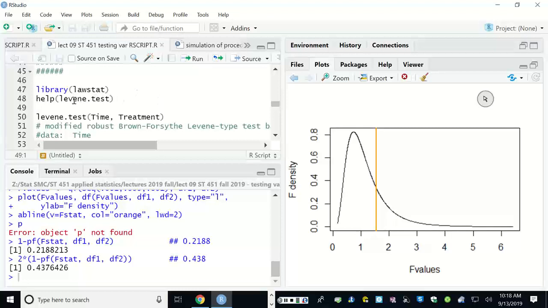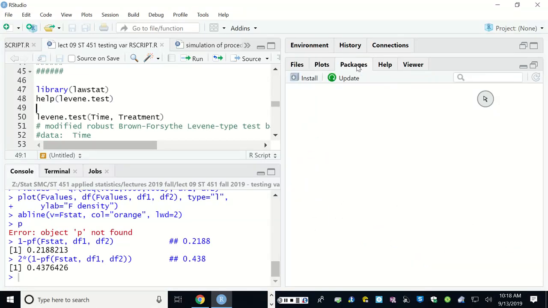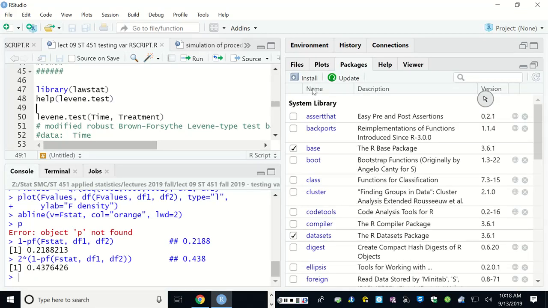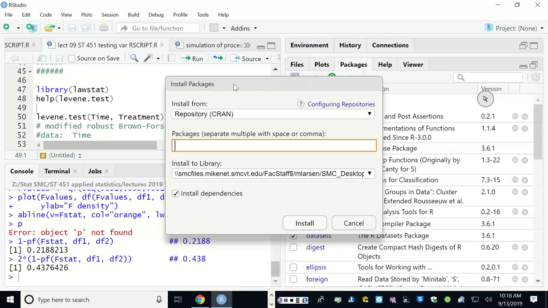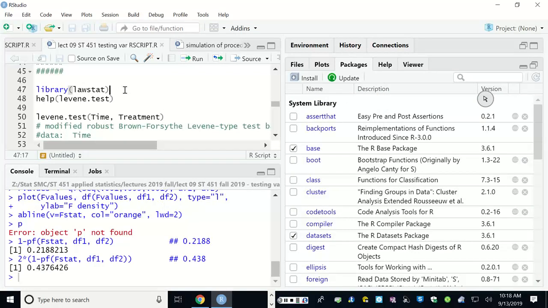I'm not going to install that here just because of the things with the computers, but if you wanted to get it, you go under Packages and you want to install something, you just type the lawstat in there, and then it will install a package. That is, put the set of commands on your computer, and once it's put on your computer, then you type library of lawstat, and those commands are active in R. Right?